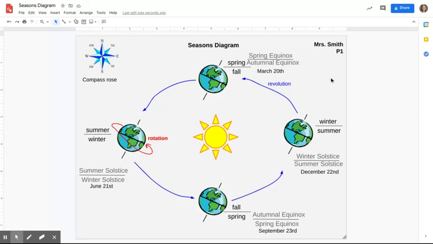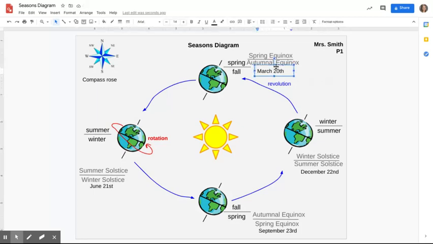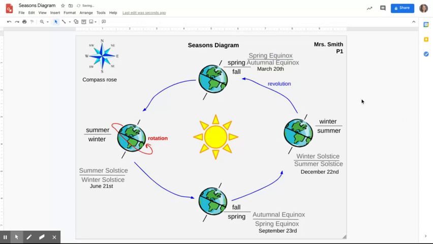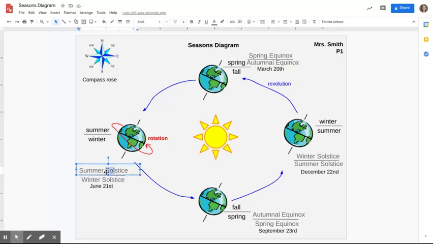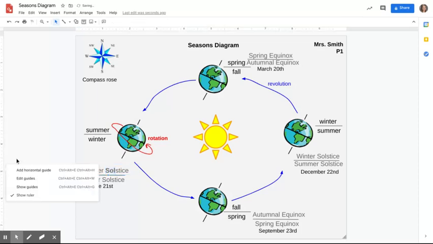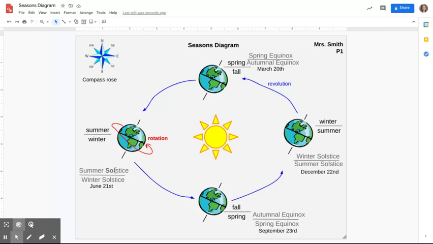So again, if we just think about these dates and what these words mean, if we're looking at a solstice, we're looking at the sun and how much sun we have within a day. In the summer, we have what seems like a lot longer sunlight. It seems like a whole day of sunlight almost, with just a little bit of darkness at night. So we're looking at the sol.